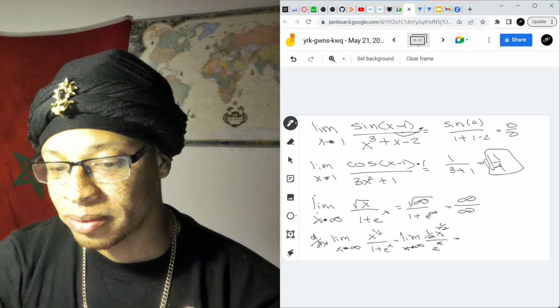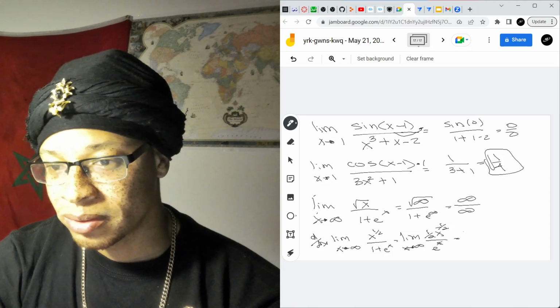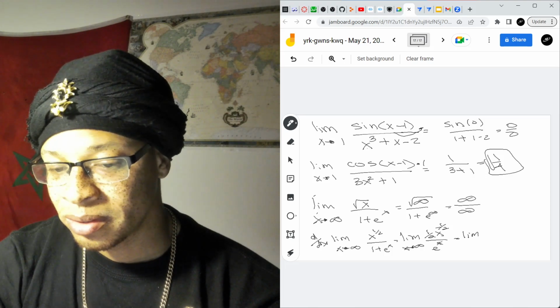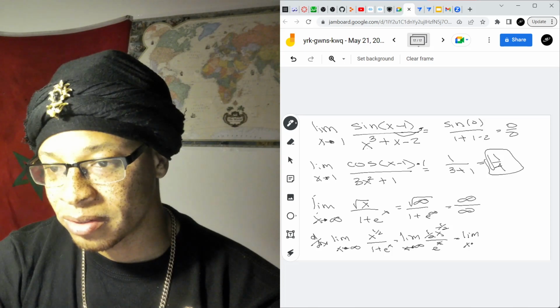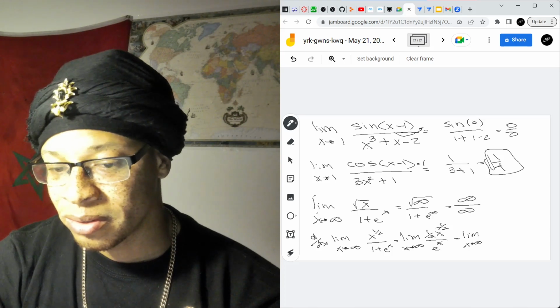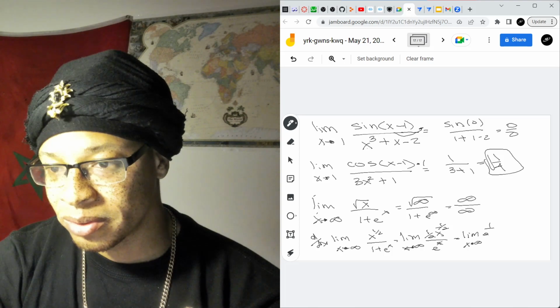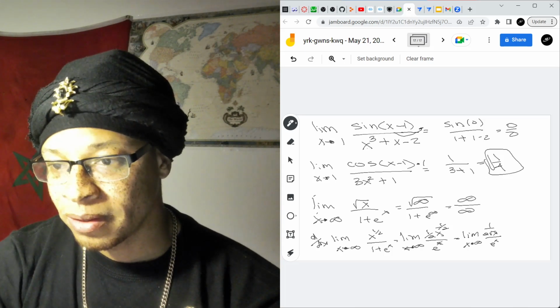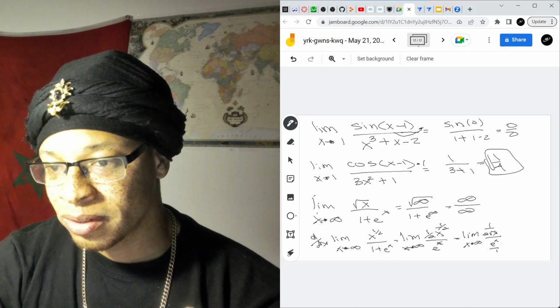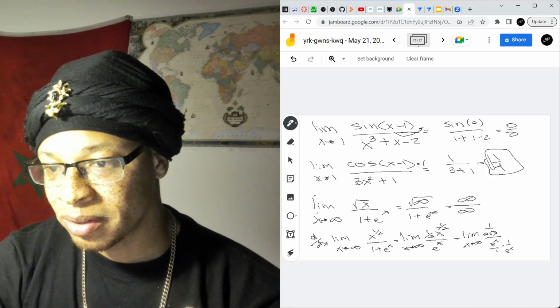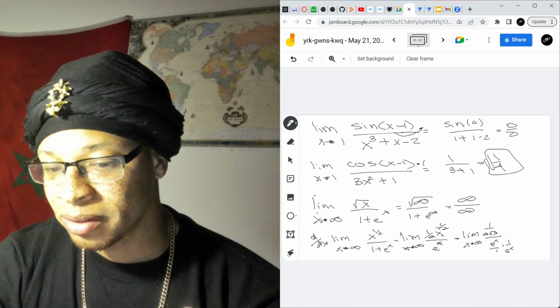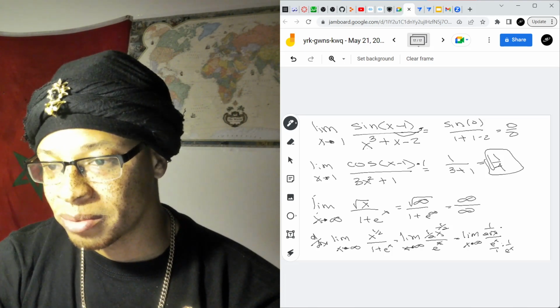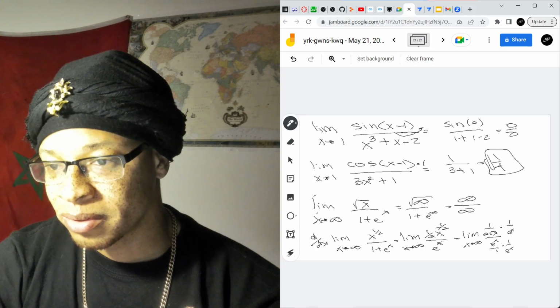So the limit as x approaches infinity of 1 over 2 radical x divided by e to the power of x, right? And then you just do the reciprocal of that, and you multiply by that reciprocal.